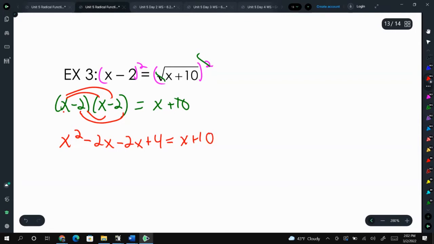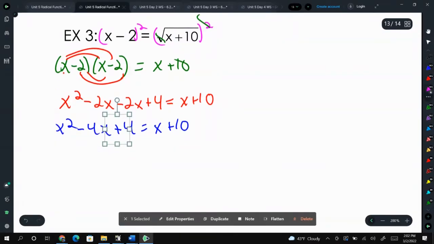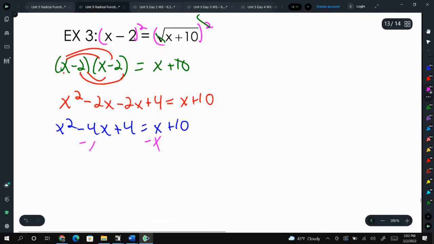All right, let's combine like terms. x squared minus 4x plus 4 equals x plus 10. Subtract x and subtract 10.